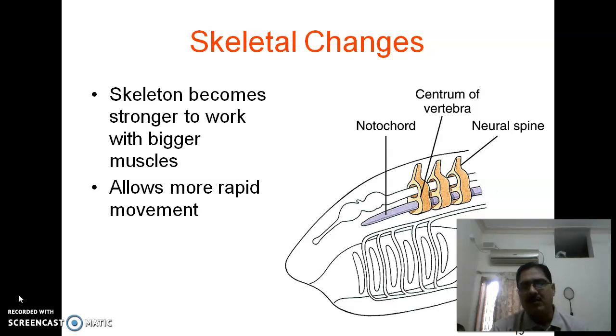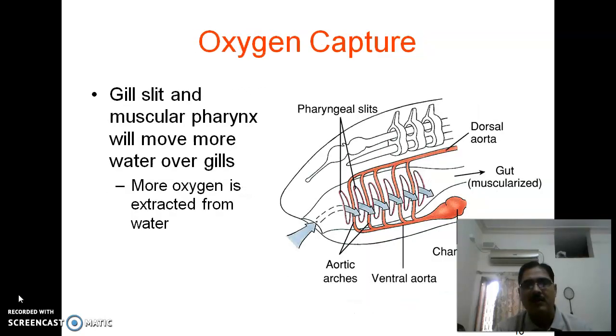You can see in the diagram the location of the notochord, the presence of nerve cord which is clearly showing the brain and spinal cord, and there is presence of vertebral column as we know it is present in the case of vertebrates.